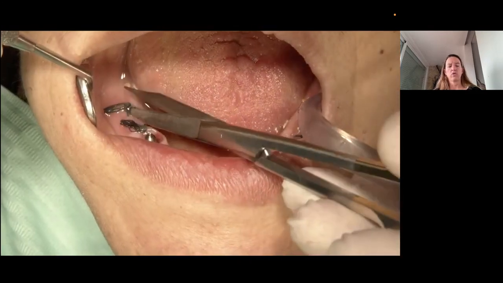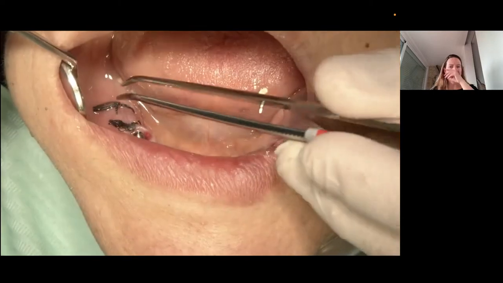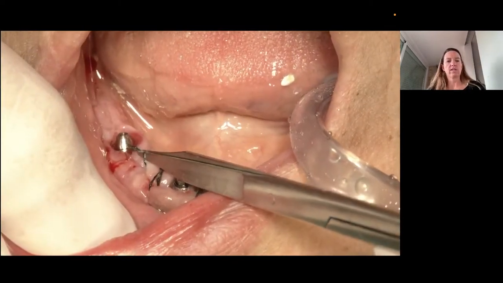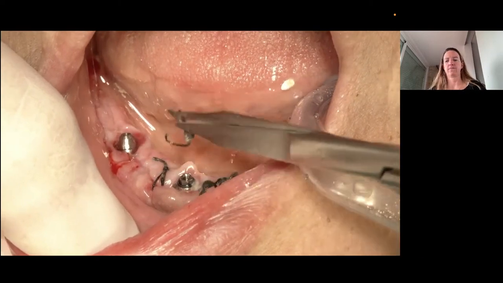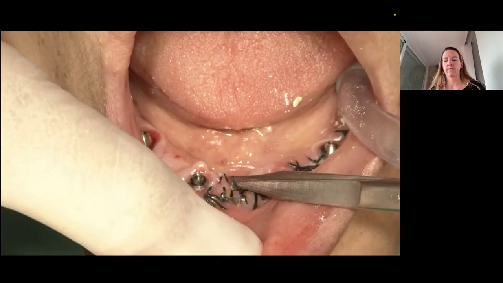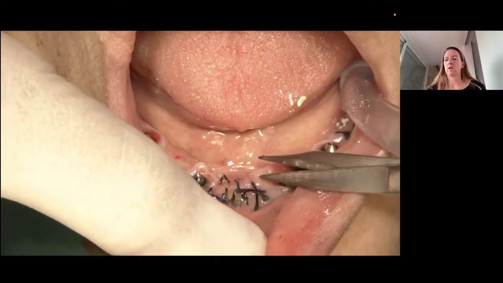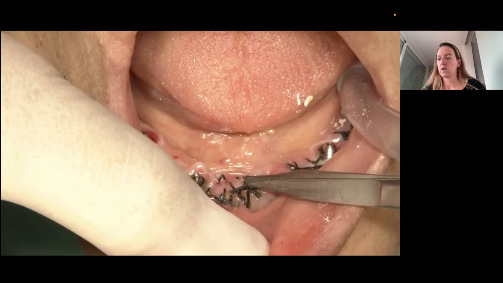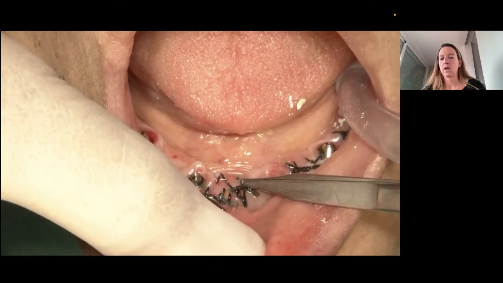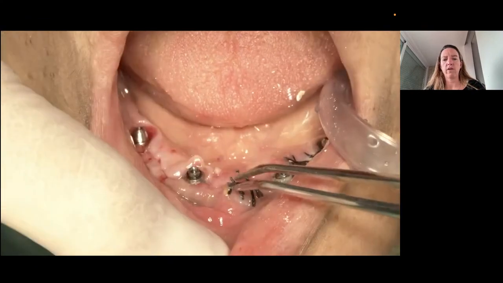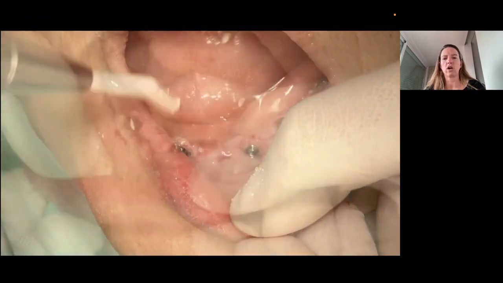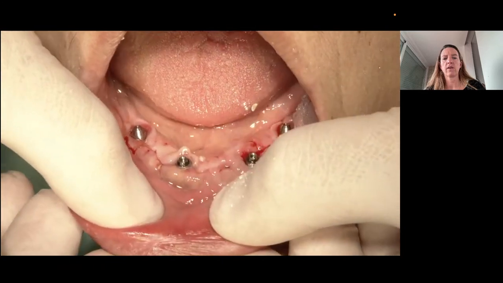So we remove the suture. We take away all the stitches, as you can see, one by one, very careful. We see how the soft tissues are, how they are healed.